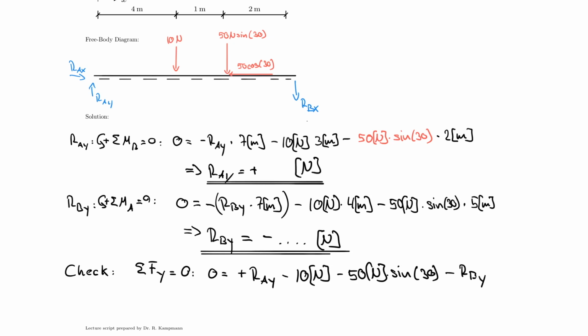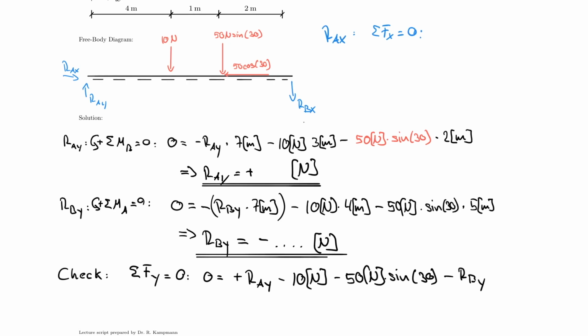Remember, we always need 3 support reactions, and in fact we need RAX. To do that one, I do the sum of the forces in the x direction being equal to 0. And 0 is equal to my assumed RAX, so plus, and I sometimes use a double plus, so plus RAX. Let me explain that to you.